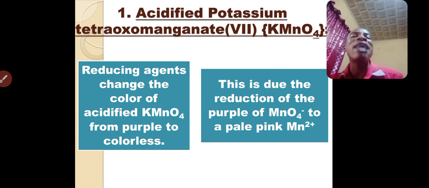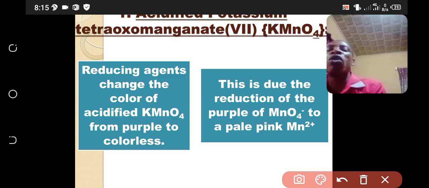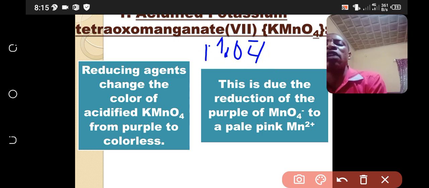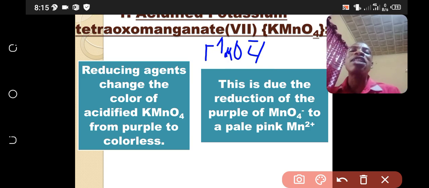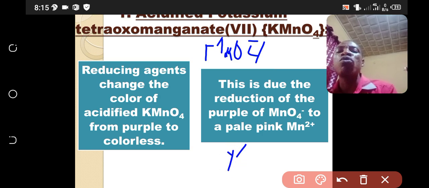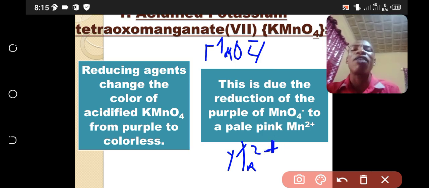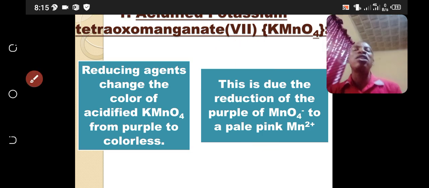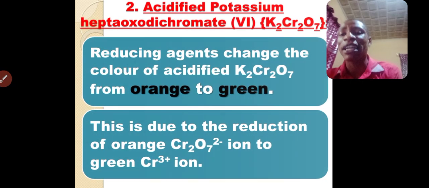The chemistry behind that is that the ion that has the purple color is MnO4-, the tetraoxomanganate 7 ion, and it gets reduced to Mn2+, which is pale pink or almost colorless. So you say that a reducing agent will decolorize acidified potassium tetraoxomanganate 7.